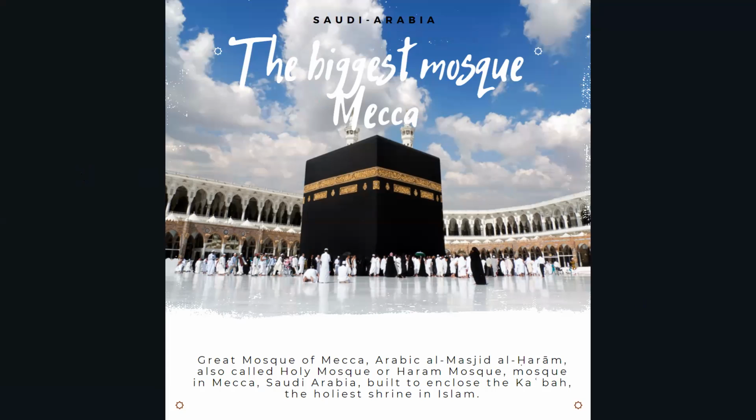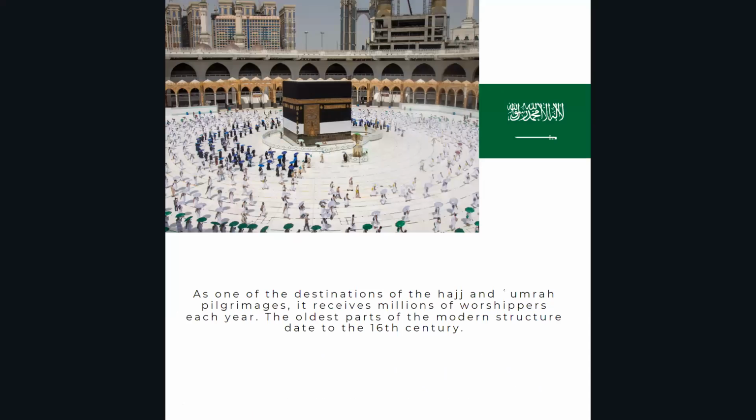And it has an area of more than 320,000 square meters and can receive up to 4 million people. Every year, about 3 million worshippers head to the holy city to make the biggest pilgrimage.